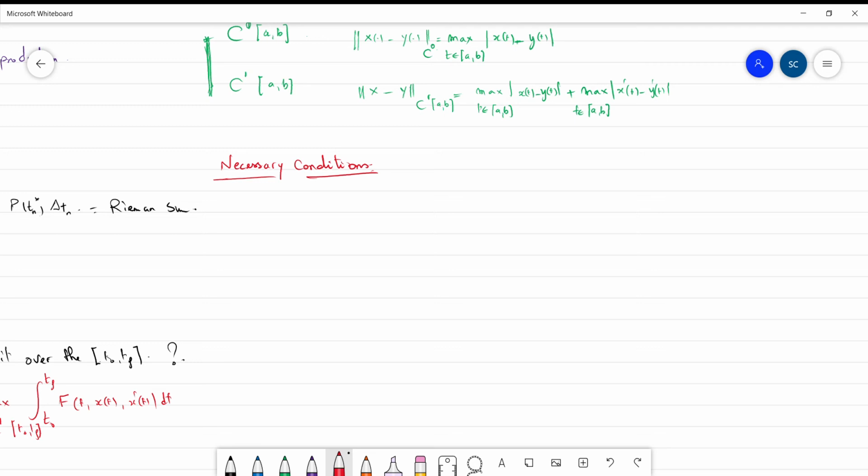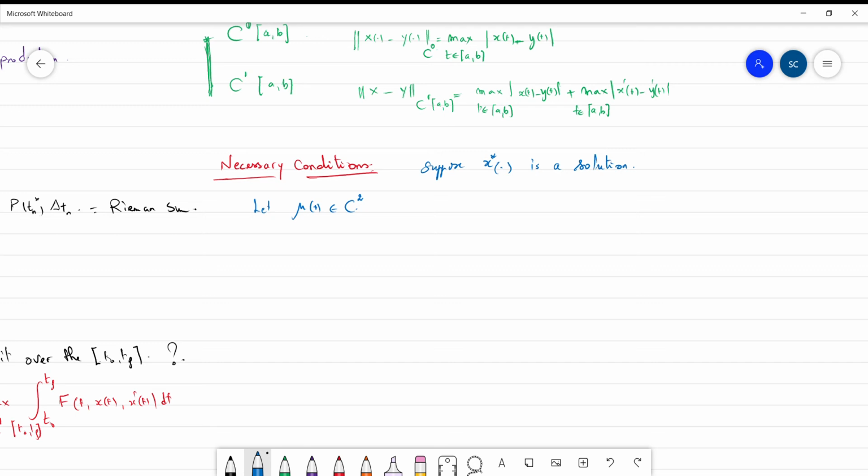So suppose x star is an optimal function, a maximum solution, a solution of the maximization problem. We will use a function mu to move around the point x star.